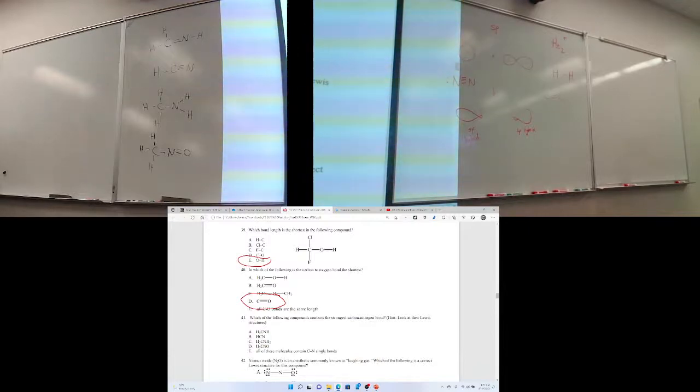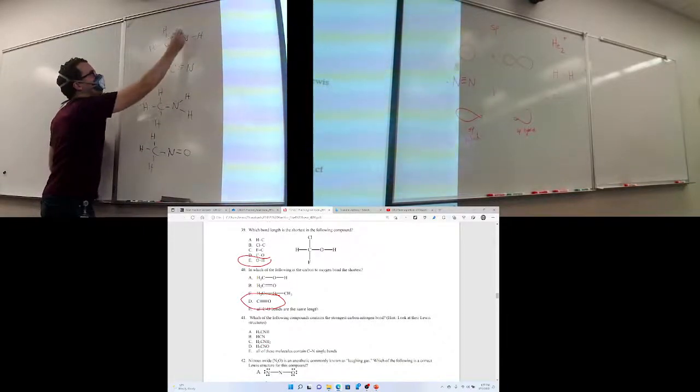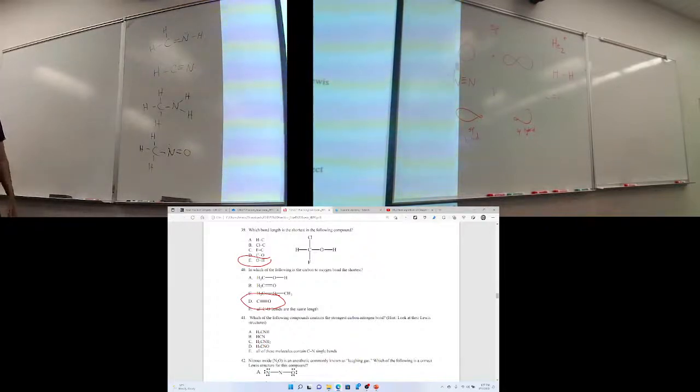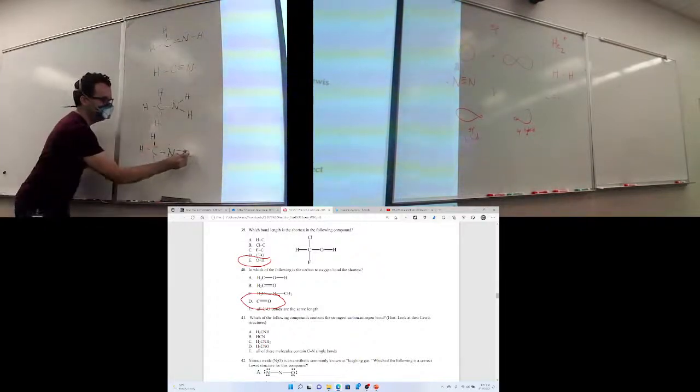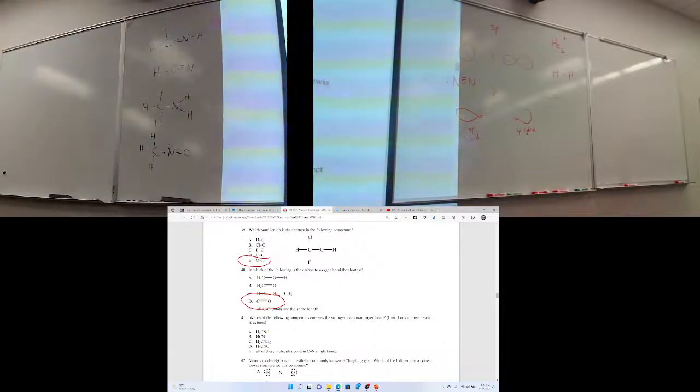All right, if you don't have any of the fancier elements, row 3 or anything like that, if it's just carbon with a few other things, try these shortcut rules. They help. And don't forget, there's lone pairs I didn't draw. Right? There's a lone pair there, there's a lone pair there. Oh, and here. Okay. But then the answer is B.